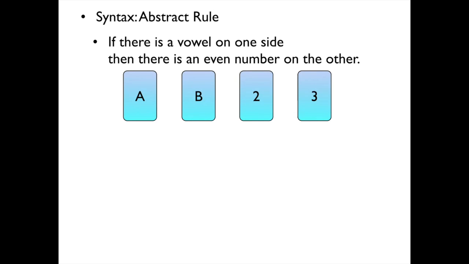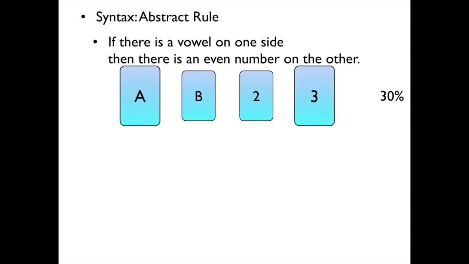And usually I turn this over to the audience and see what people say. Maybe unsurprisingly, a lot of people say, well, you want to turn that one over, right? Because obviously there's a vowel on one side, so there should be an even number on the other side of that card. A lot of people will stop there. Some people will say that we need to turn over all the cards. There's actually only one other card that you need to turn over, and it's often fairly non-obvious to people.